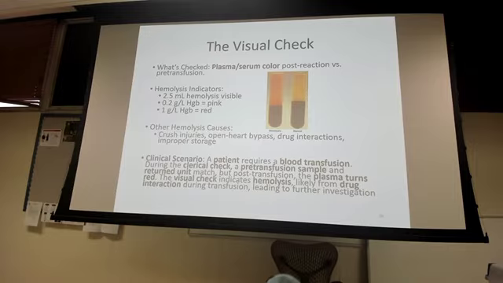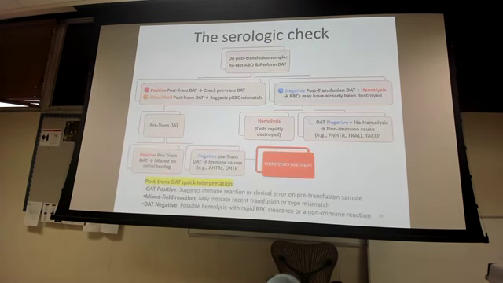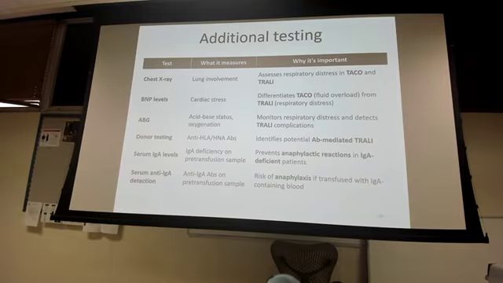If it's visible, we will definitely annotate that and let you all know. All right, and then it goes over DAT again. All right, so the serological check, this is just our algorithm that we use in the lab. I said once you stop, this is just what we go through, not necessarily what you all need to know.